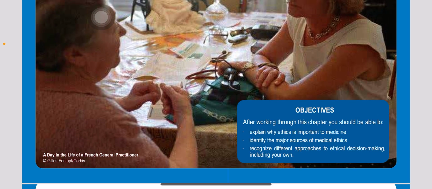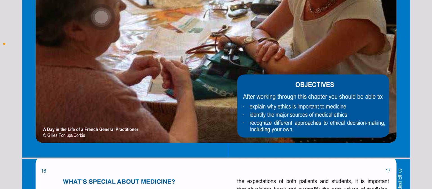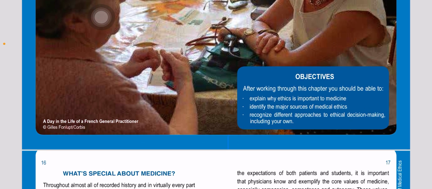Like what I said earlier, after working through this chapter, the medical students should be able to explain why ethics is important to medicine, and identify the major sources of medical ethics. We have discussed that last time. Even in antiquity, ethics was already present.